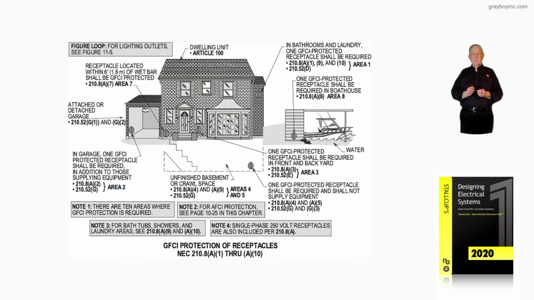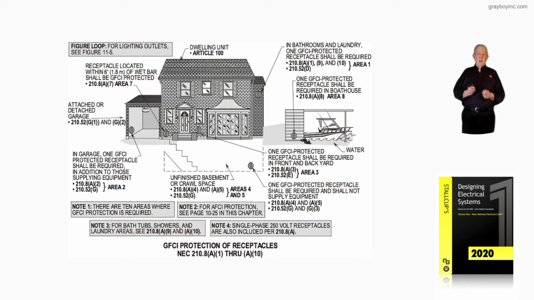Now, note 4, single phase 250 volt receptacles are also required to include GFCI protection. So if you had, say, a dryer, for example, and you cord and plug connect that dryer, 240 volt single phase, it has to be GFCI. And we even see there's going to be some changes of this GFCI protection in the kitchen.